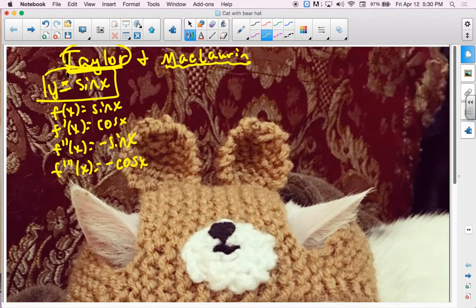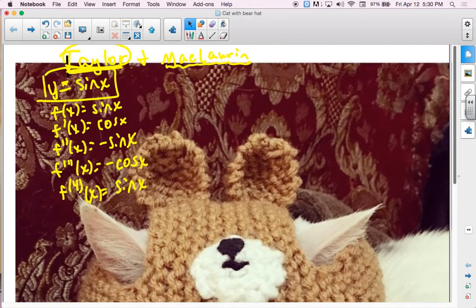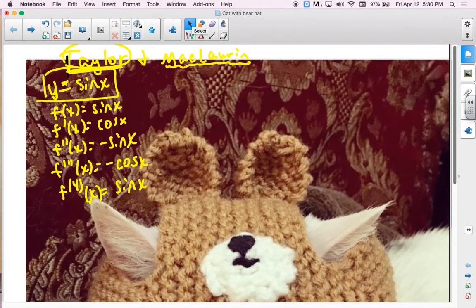But after a while it gets a bit ridiculous, so we end up going f fourth of x equals back to sine x, and it cycles around there. Not sure you can read that, so I'll make it darker right there.